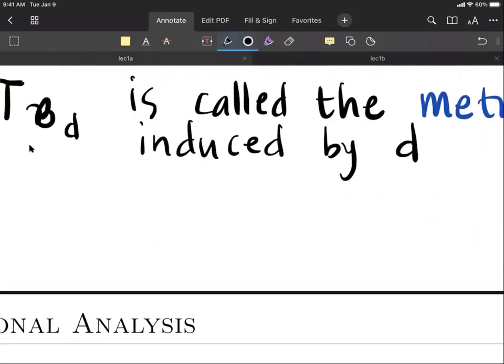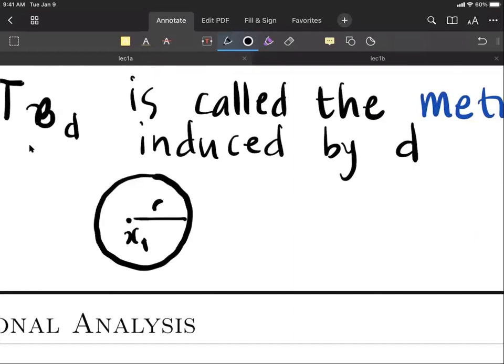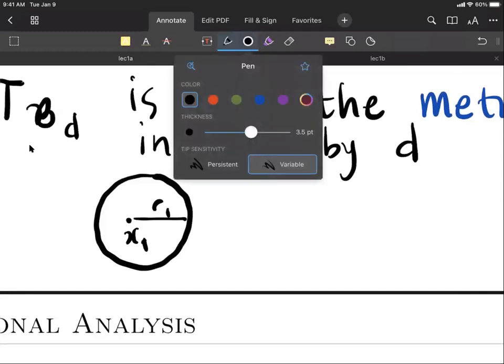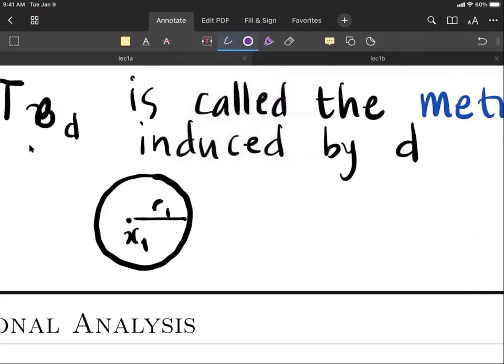If I have an open ball with center x1 and radius r1, and another open ball with center x2 and radius r2.